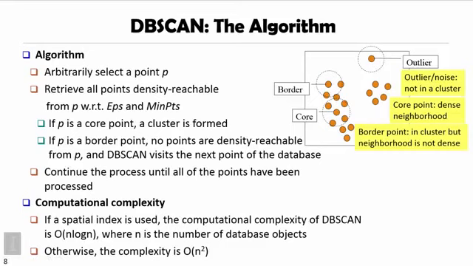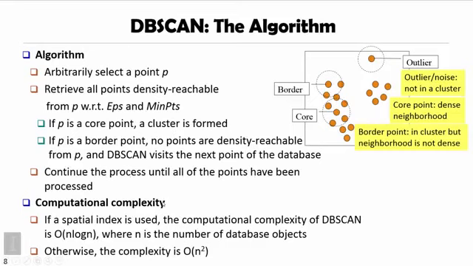Then DBSCAN will visit the next point in the database. That means you try to find a new point to start. You will continue this process until all the points have been processed. So this is the algorithm.